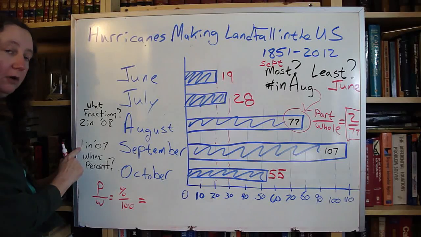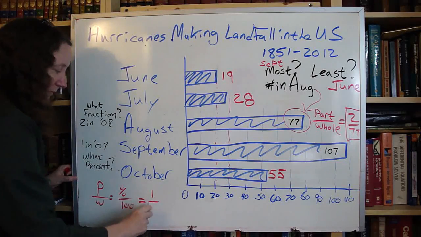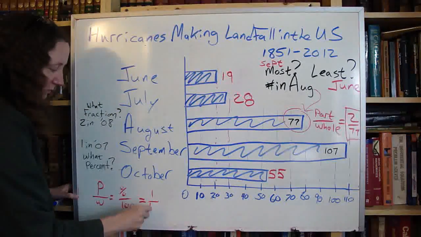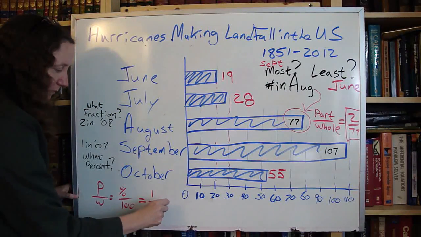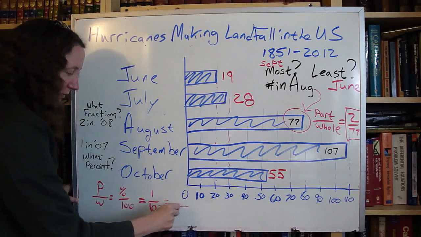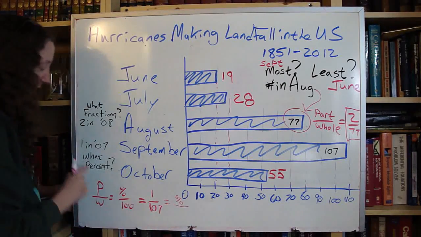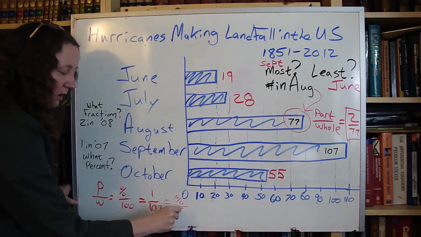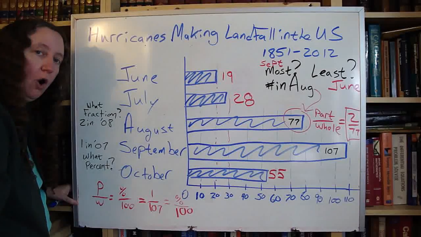We have 1 as the part. We have 107 as the whole. We have the percent. We don't know what that is because they're asking what percent. And the 100 is always 100.